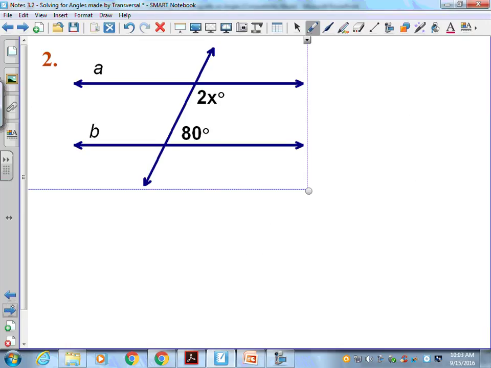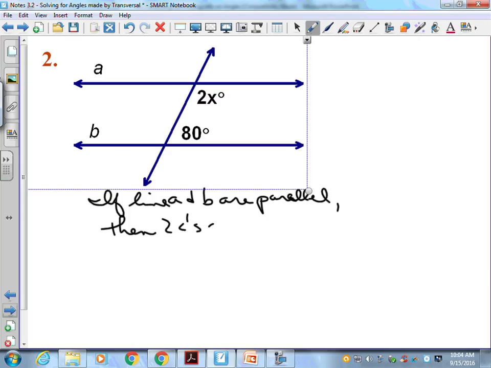So, are these angles equal? What are they? Same side interior. So, if lines A and B are parallel, then the two angles are same side interior, or you could say what?